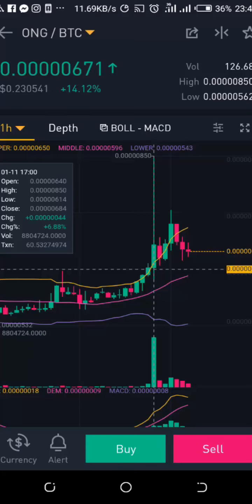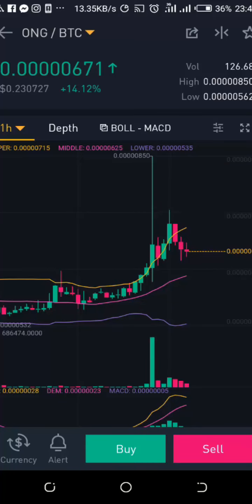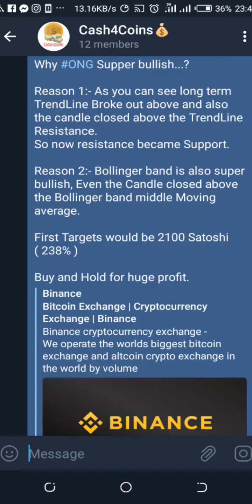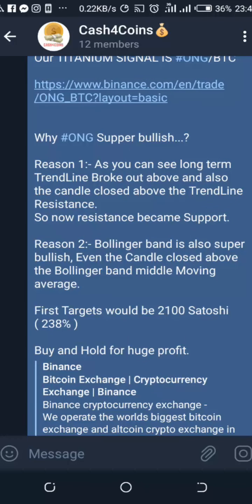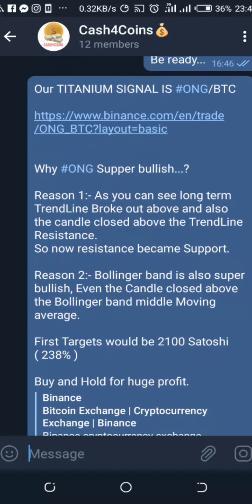So it's possible that the next one might not reach up to the value we have here, though it's not impossible, probably within hours or in a day it can reach up to this particular 2100 Satoshi. But we might not want to wait a day or 2 days for this to happen.